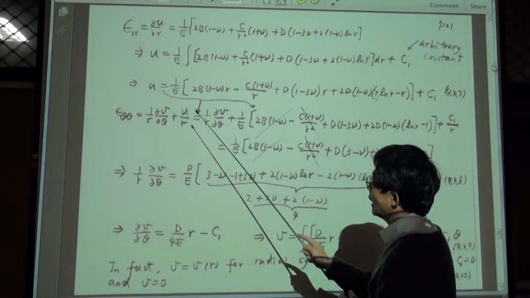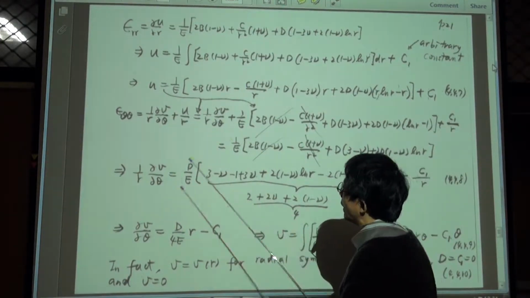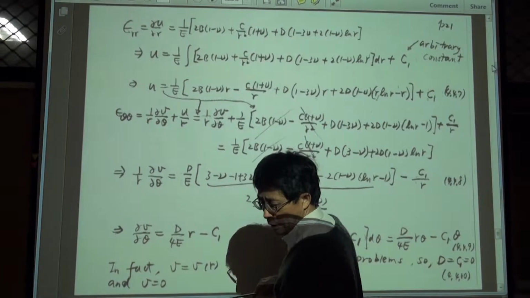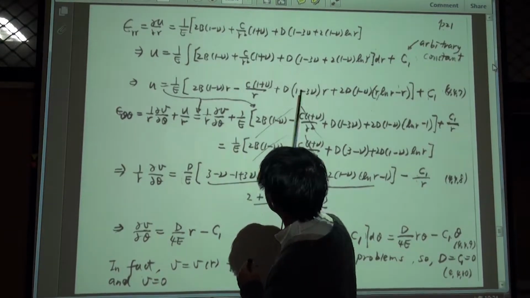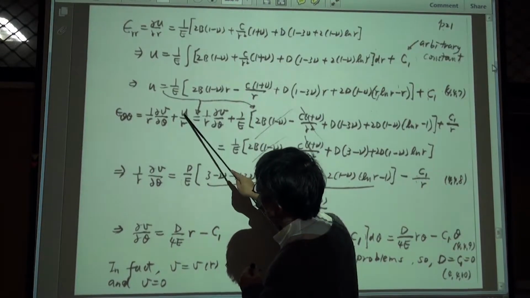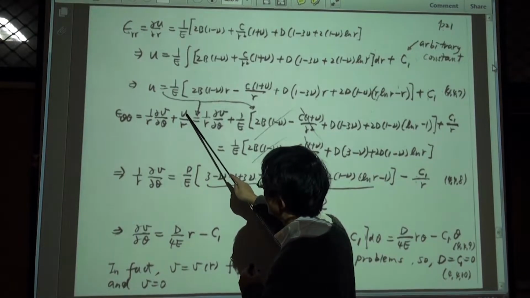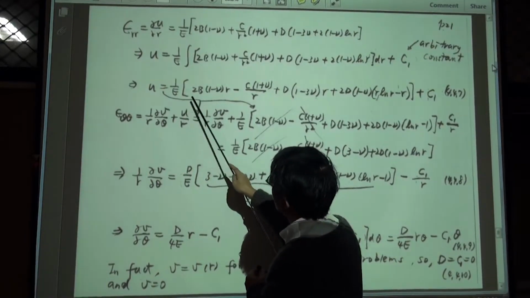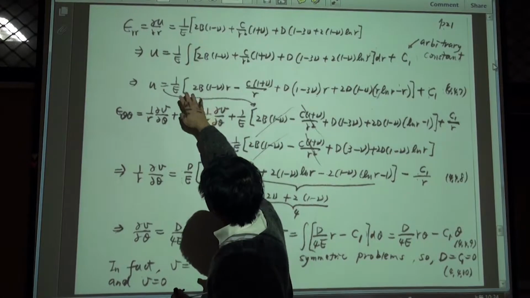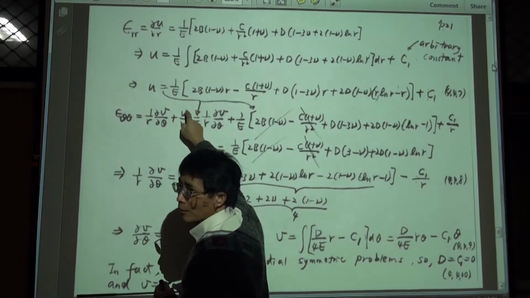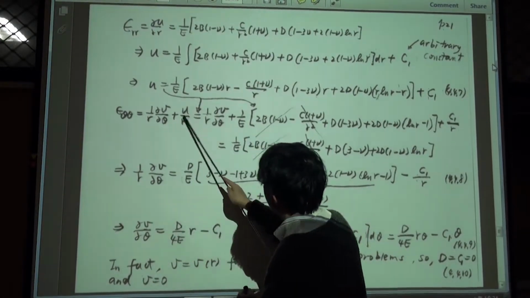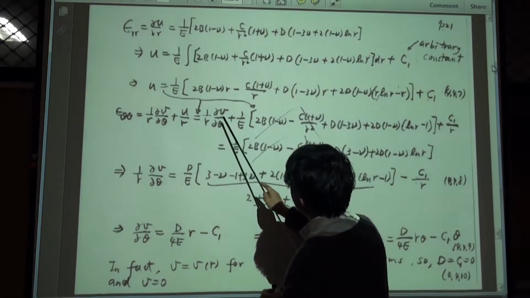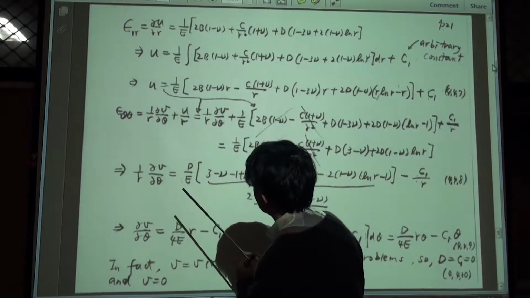Now we can put this function u inside this equation to solve for v. Understand? We put this function into this term. So we just do it.